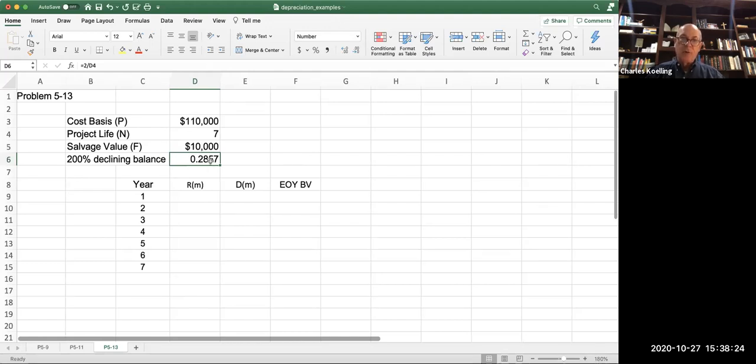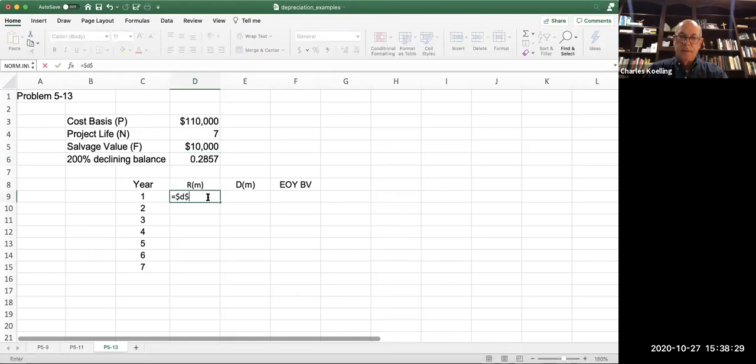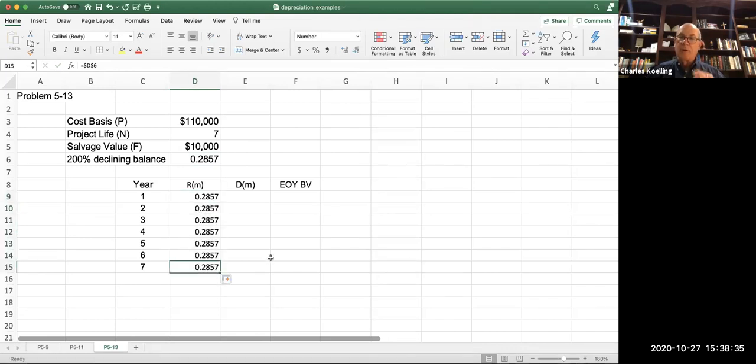So this rate right here is in D6. And that amount is going to be our rate, our R sub M, for each year of depreciation.